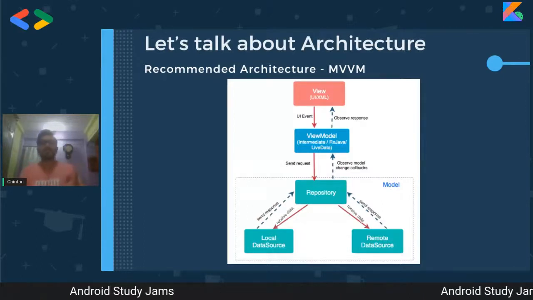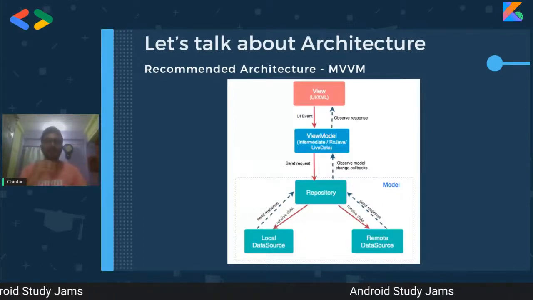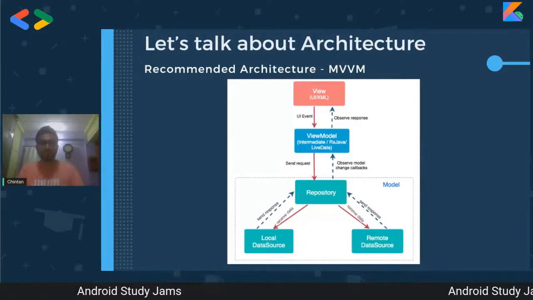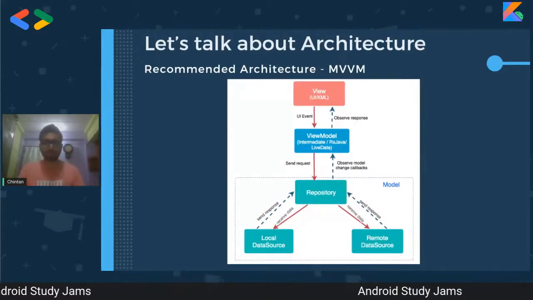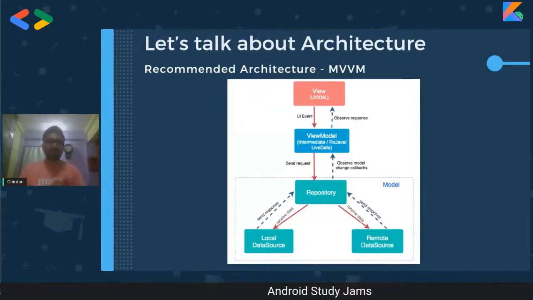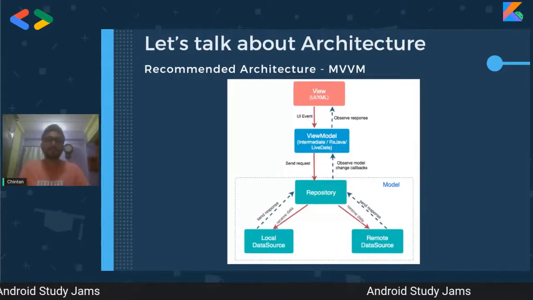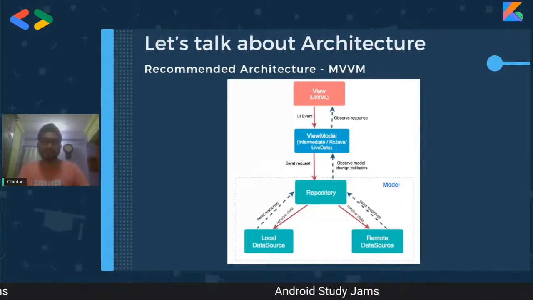Previously, you were writing the code for getting users in your activity only. But now you will move that piece of code into your view model, and you will attach some live data to it so that you are able to automatically observe that data whenever anything is changed in it.